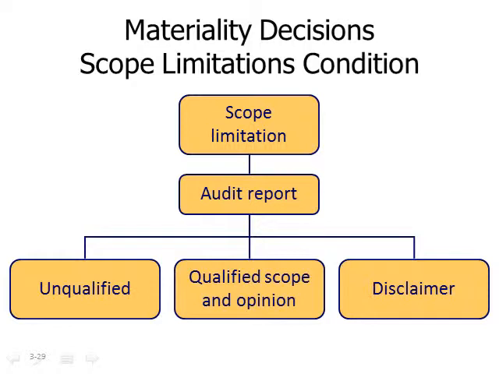Materiality decisions on scope limitations, and how they affect the audit report, can again result in an unqualified opinion, a qualified scope and opinion, or a disclaimer. So each of these types of audit reports could come out of a scope limitation issue, depending on the materiality of the scope limitation.